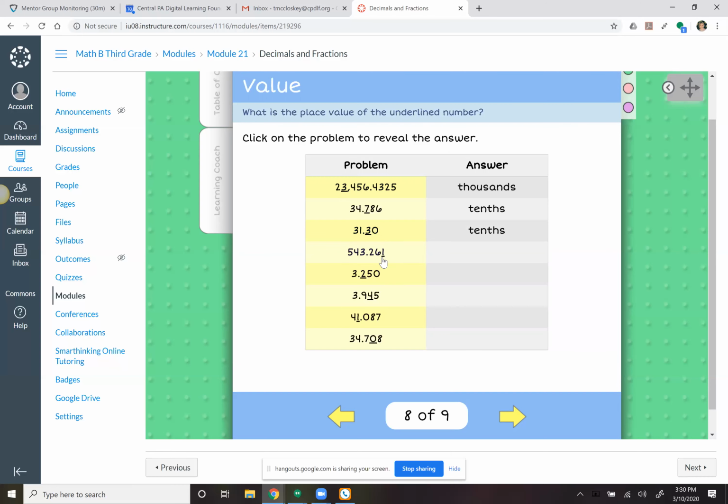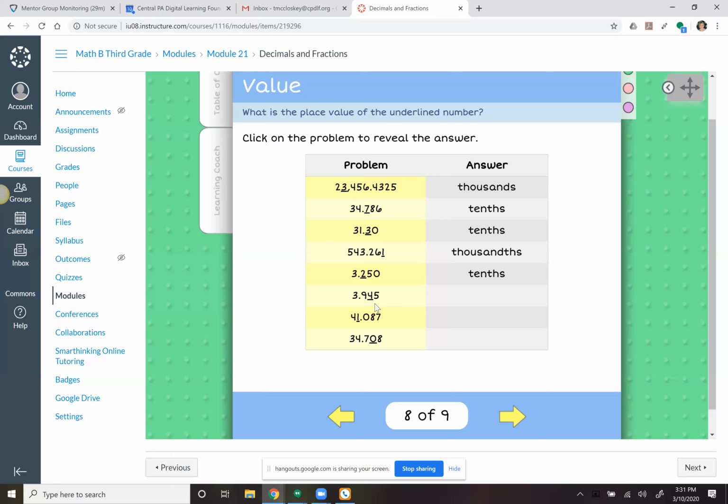All right, how about the 1? The thousandths. Good. All right, where is the 2? It's in the tenths place. Good. Where is the 4?